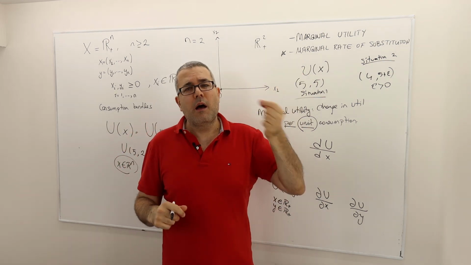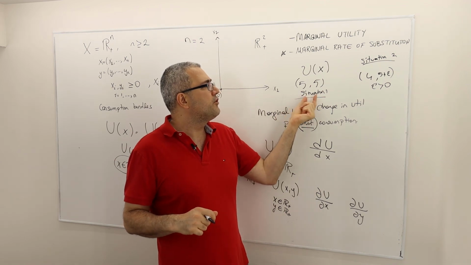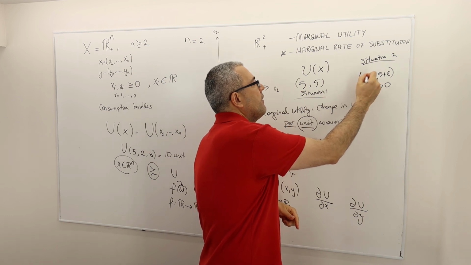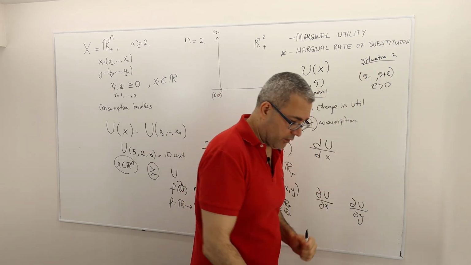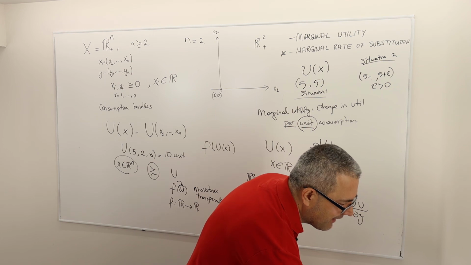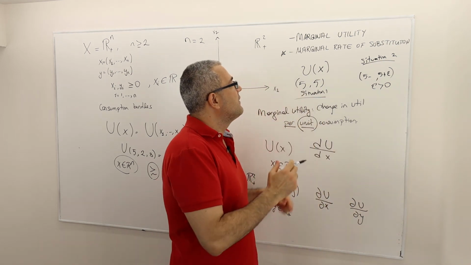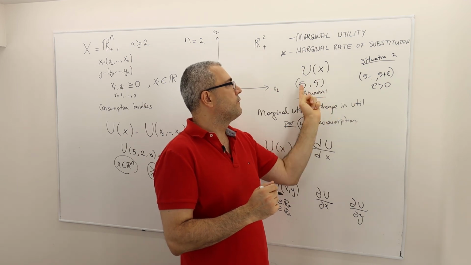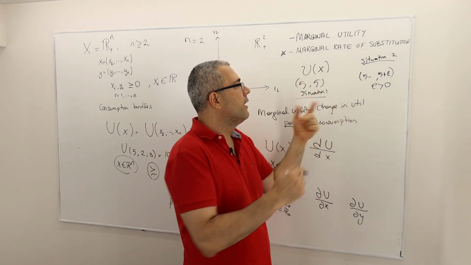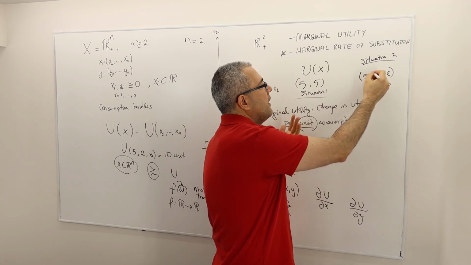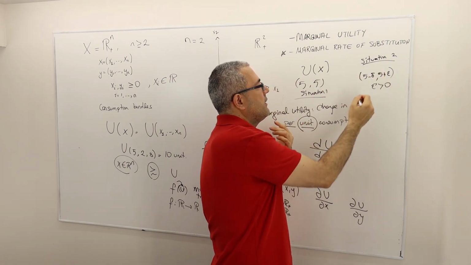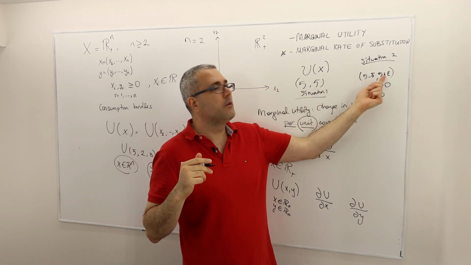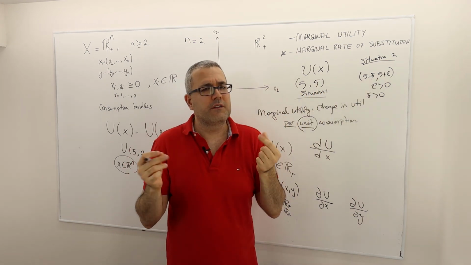The marginal comes from making these changes smaller. Instead of declining my consumption from 5 to 4, let's make it 5 minus delta, where delta is some positive number. Then the question is how much additional banana, epsilon, which could be very, very small, is needed.